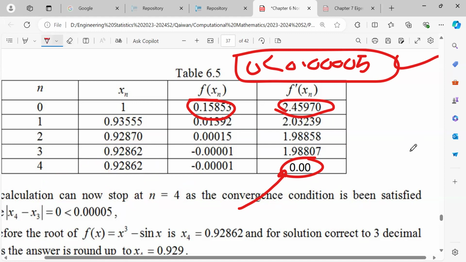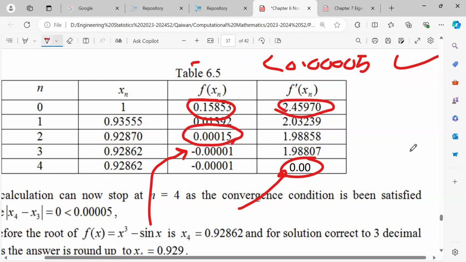Even this one. Look, for the previous one, it's 0.0015. Is it less than 0? No. As you have triple 0's followed by 15, but on the right hand side, we have four 0's followed by a non-zero value.